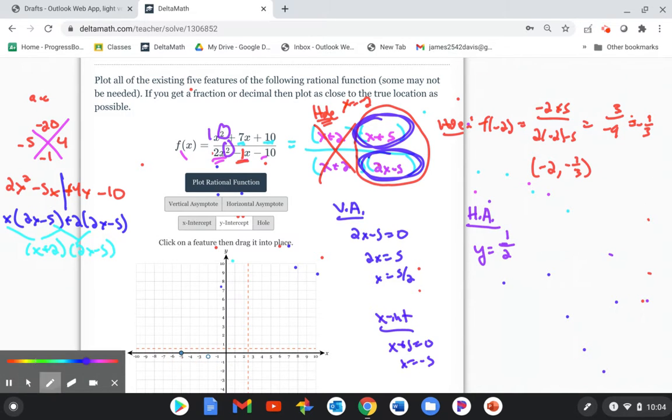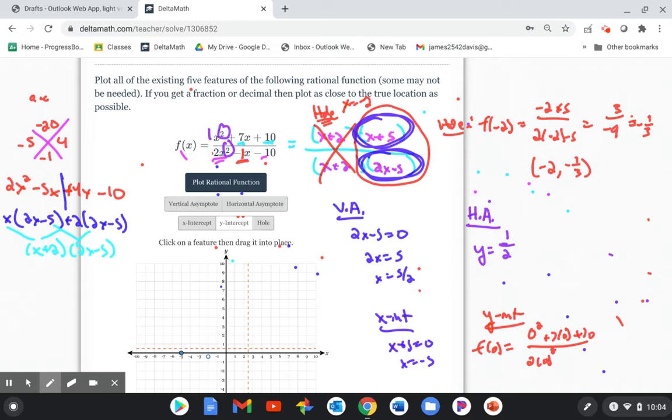And last but not least, the y-intercept. Plug in 0 for all the x's. So f of 0 equals, we're going to have 0 squared plus 7 times 0 plus 10 over 2 times 0 squared minus 0 minus 10.